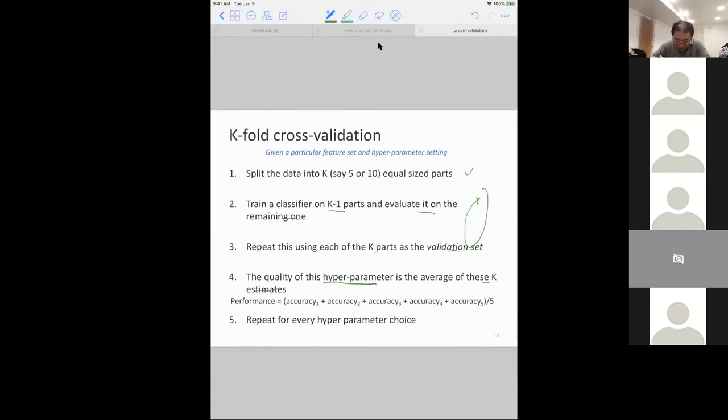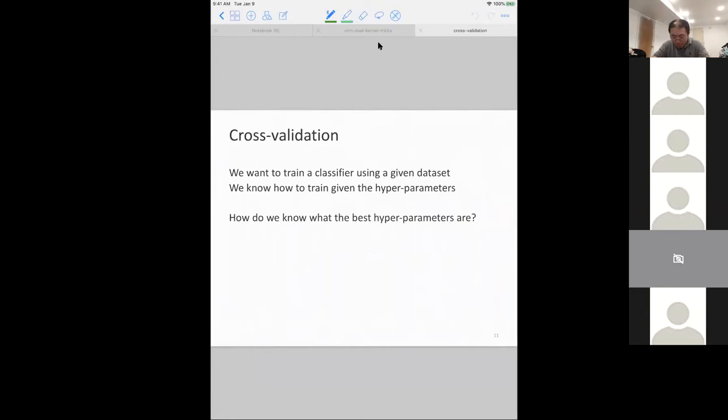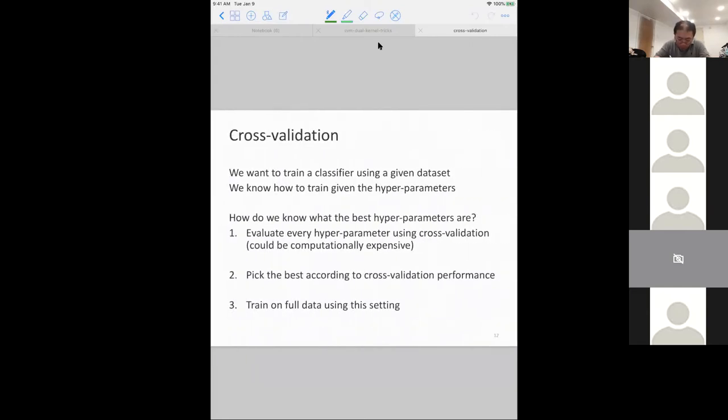And you repeat this procedure for every hyperparameter choice. And finally, you select the hyperparameter that has the best average k-fold cross-validation accuracy. And finally, you train on the full data set using this setting. Okay, any questions?